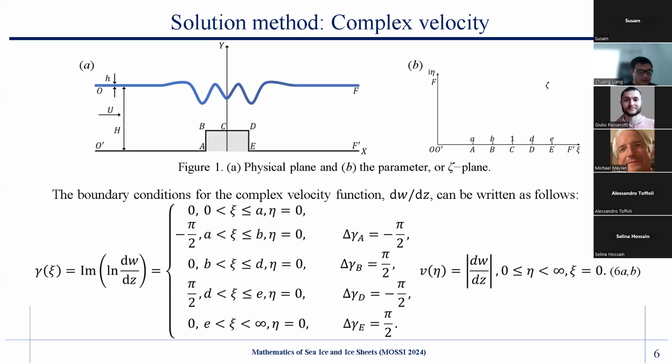Okay, so the argument of the complex velocity is determined by the slope of the obstruction. It is constant on the sides and takes step changes at the corners. The step changes delta gamma at points A, B, D, and E are shown in equation 6.